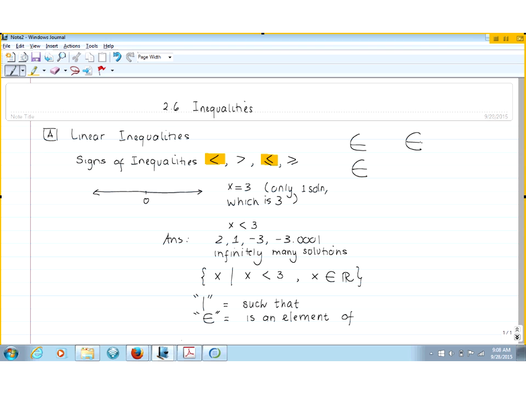So it's read as "is an element of." And then this R with a double bar is the set of all real numbers.